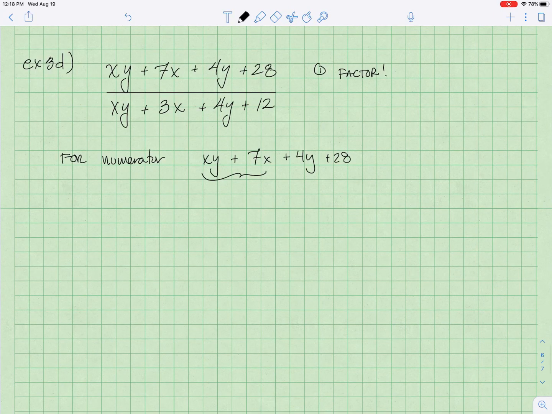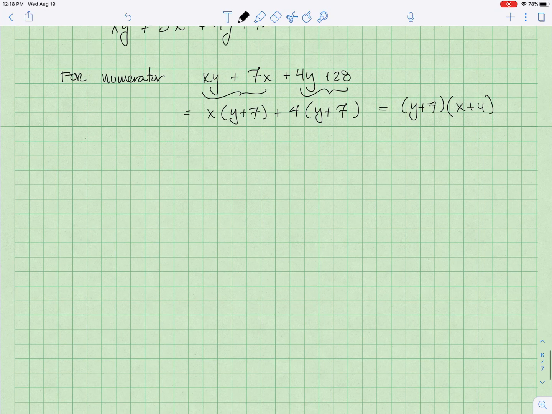If we group the first 2 terms, we can pull out an x and we're left with y plus 7. In the second group, we can pull out a 4 and we're also left with y plus 7. And then we can factor that using GCF factoring again by pulling out a y plus 7, and the leftovers are x plus 4.